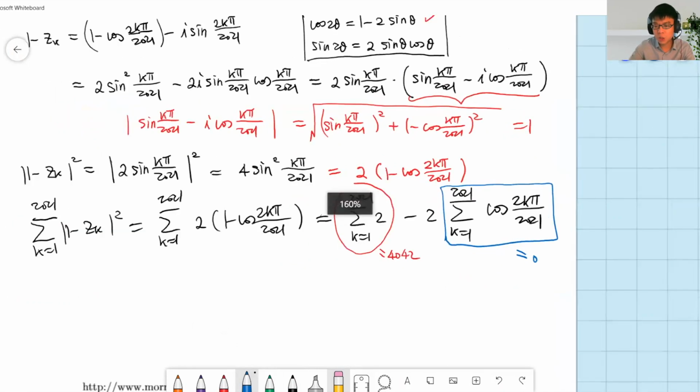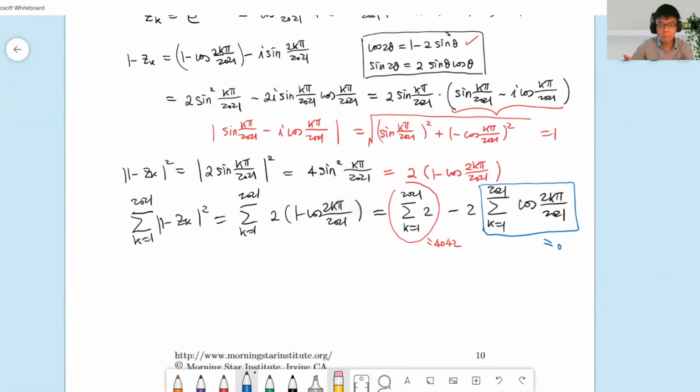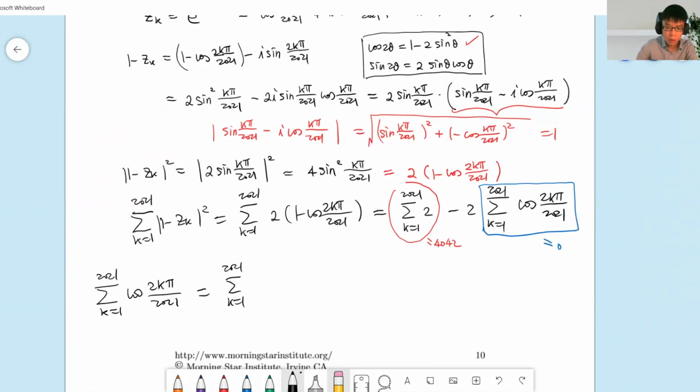That basically corresponds to the real part of the summation of zk, let's quickly show that. The summation from 1 to 2021 of cosine 2k pi over 2021 is basically the real part of the summation of zk.